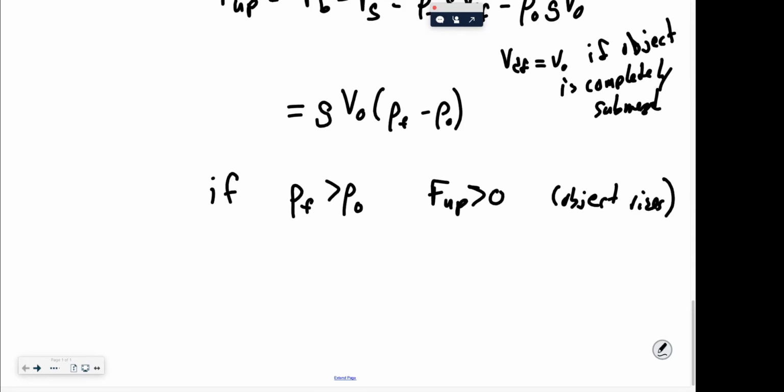And you can probably guess the other way: if the density of the fluid is less than the density of the object. Oh wait, I did that wrong, didn't I? No, that's right. F up is negative and the object sinks.